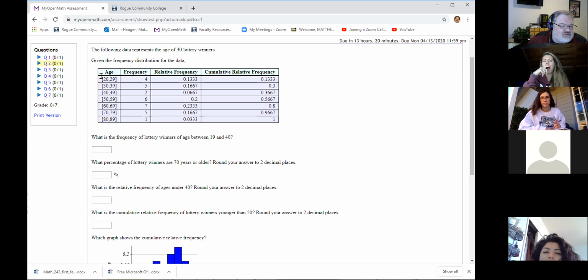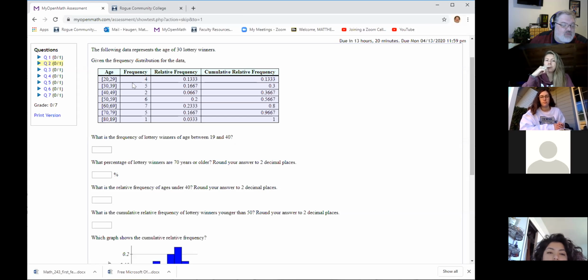So from 19 to 40 is essentially going to be these first 2 columns. Like, are there 40s in here? Well, this is essentially from 40 up, not quite 50. This is from 30 up. So really this 19 to 40, we're just kind of staying in these first 2 groups.